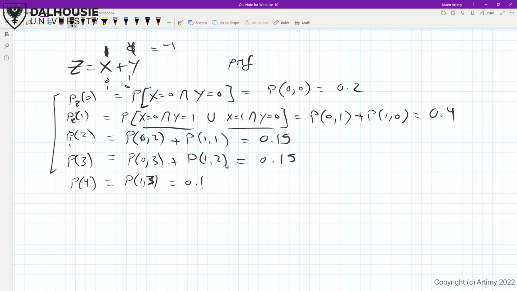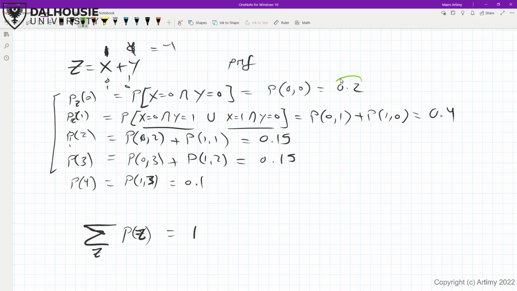All right, did I do everything correctly? Let me check. So when I add up all the values of the probabilities that I got, I should end up with 1. If I take the distribution of any random variable, add all the probabilities, I should end up with 1.